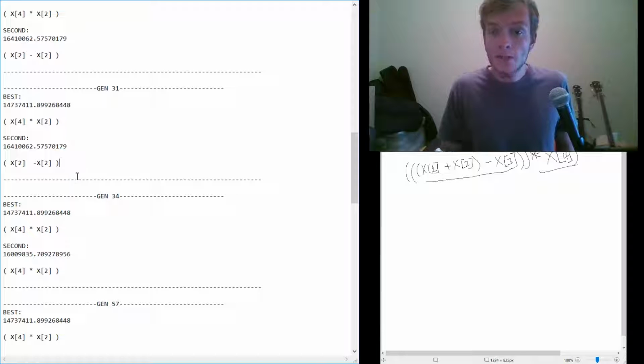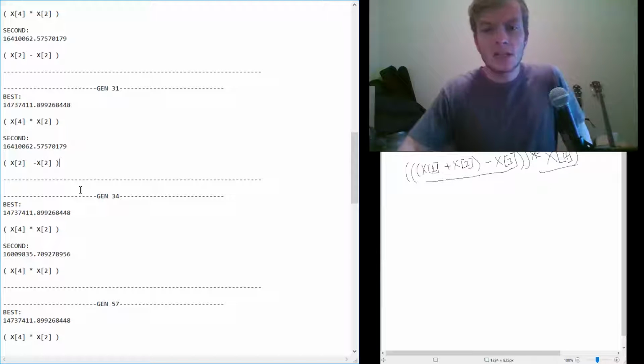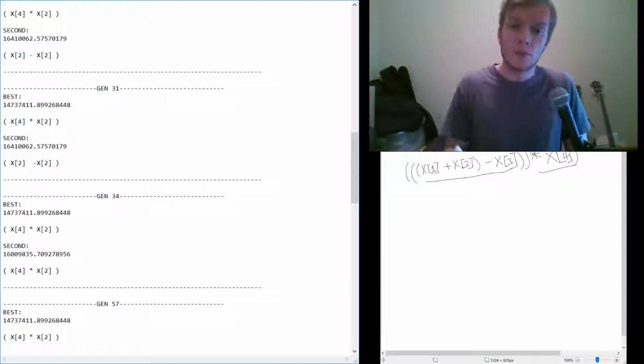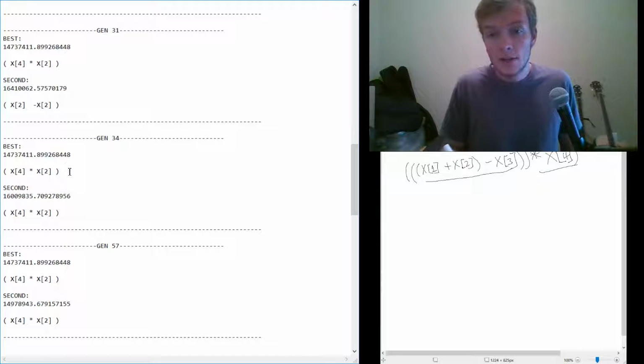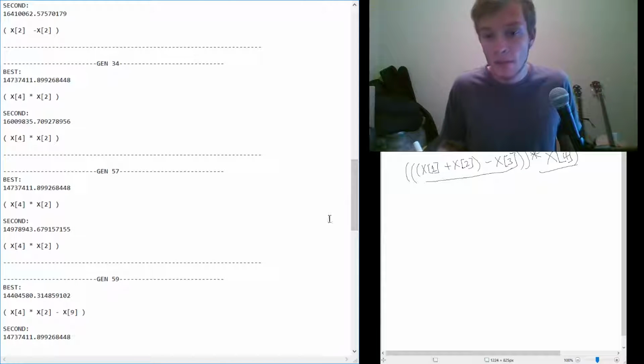This other equation is also kind of nice because we see that it is x2 and x2. x2 is involved in the original equation, as you will see from the paint window. So then here we see that it became the same equation. This has been a common theme.